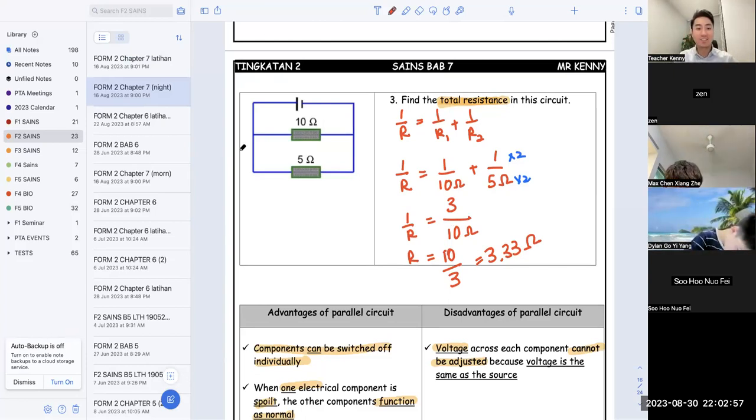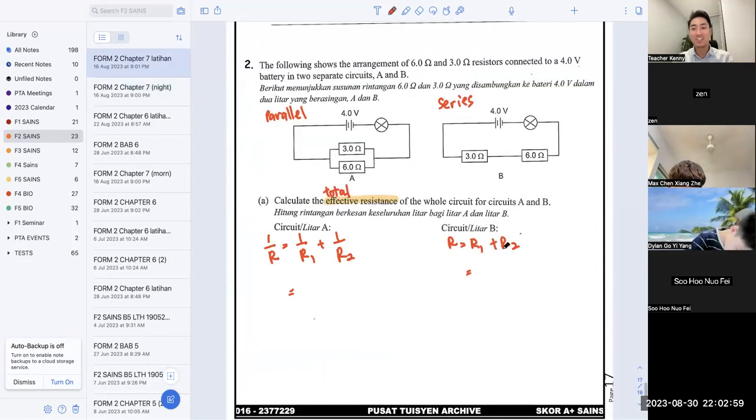Okay, Max is easy, right? Max and Zenyi immediately gave the answer already. Too easy. 3 ohm plus 6 ohm gives you 9 ohm. How about this one?